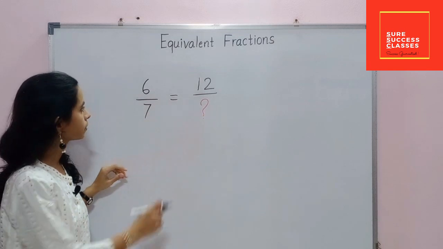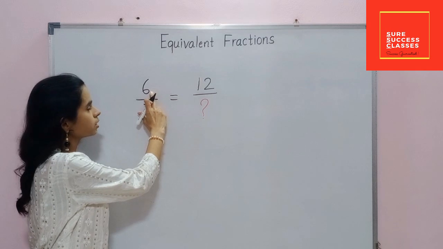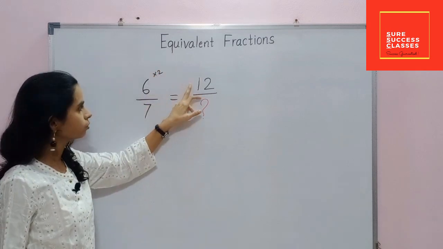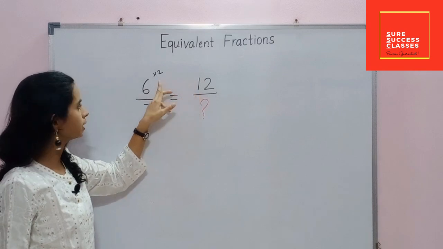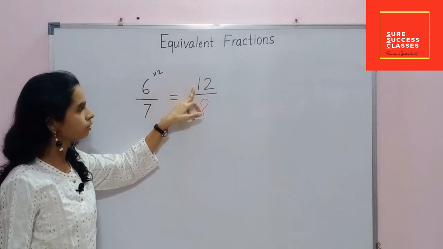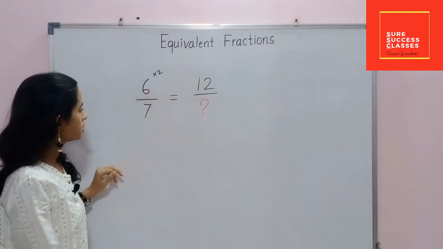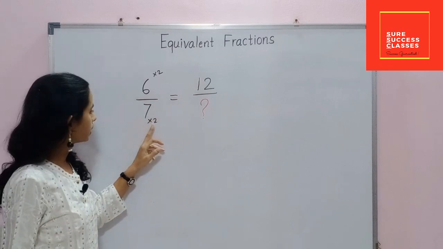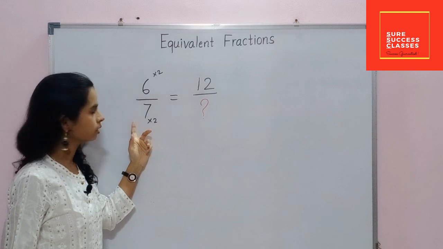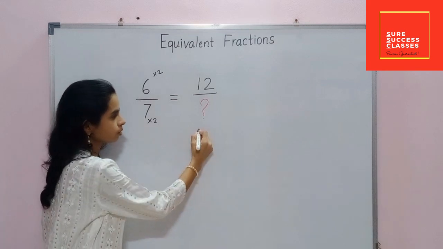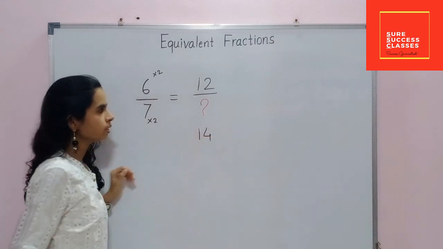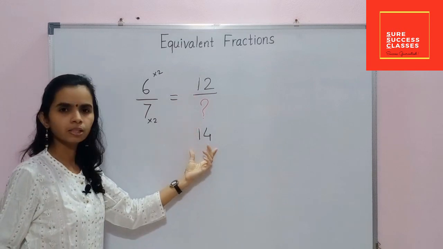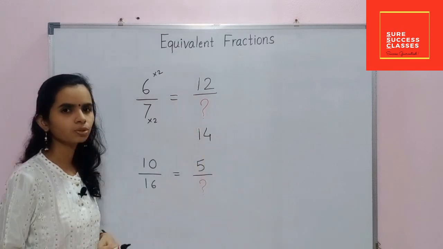Here, 6 multiplied by 2 gives 12. In the same way we will multiply 7 by 2, then we will get which number? 14. Means the question mark should be replaced by the number 14.